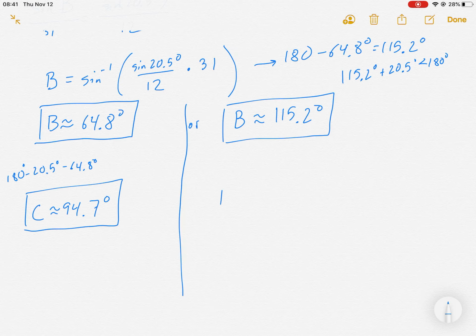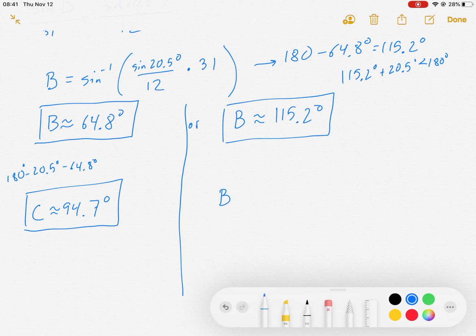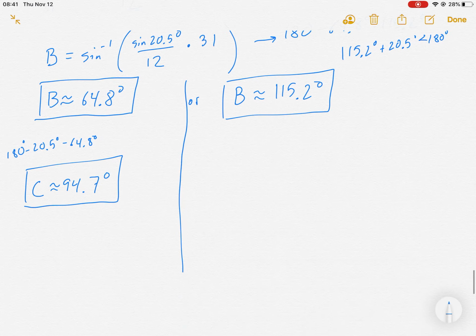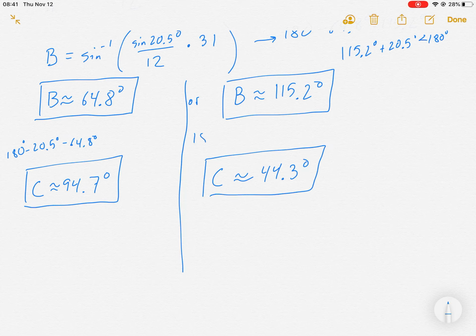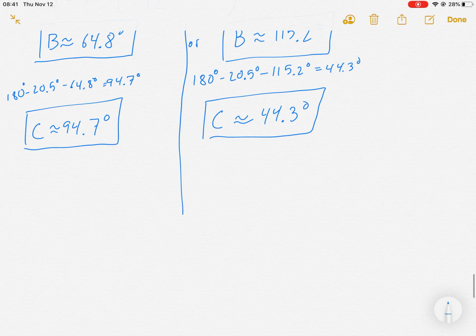And then over on this side, we would end up with C equaling approximately 44.3 degrees. Once again, I'm using that the sum of all the angles has to equal 180, except I'm using this alternate B value.